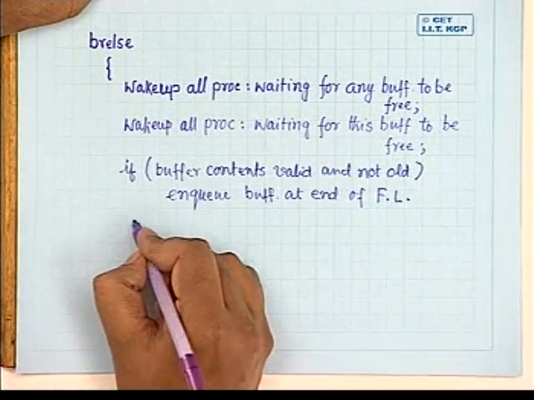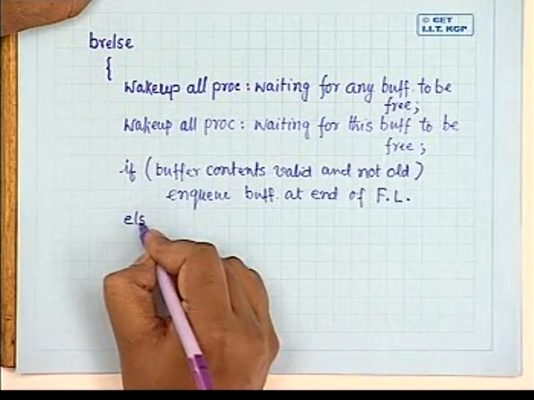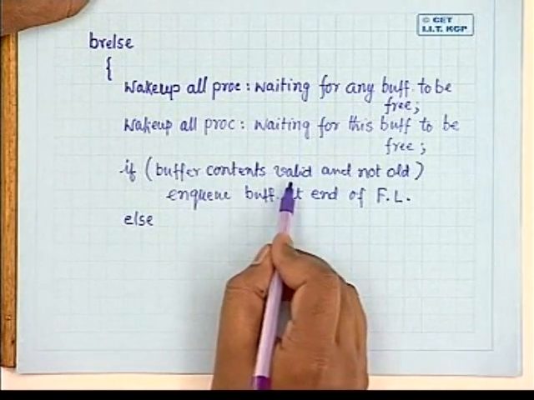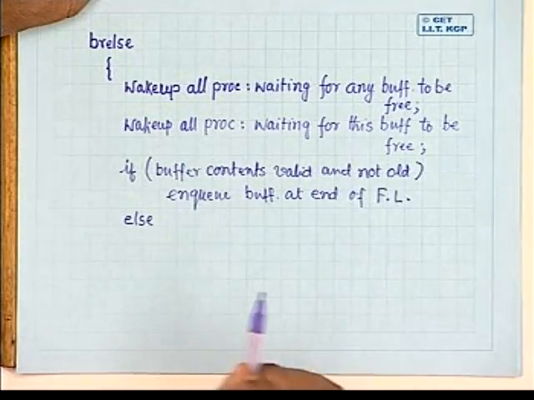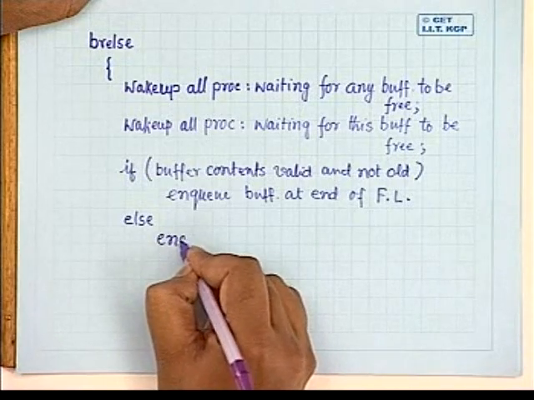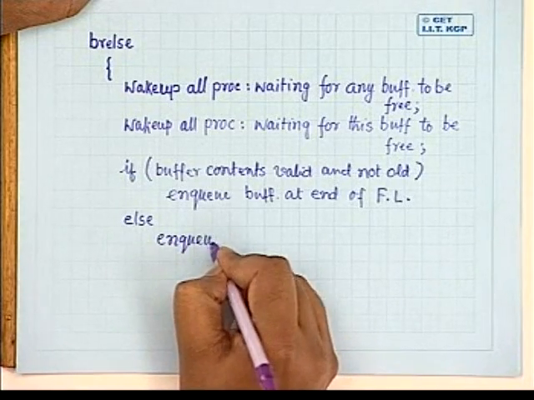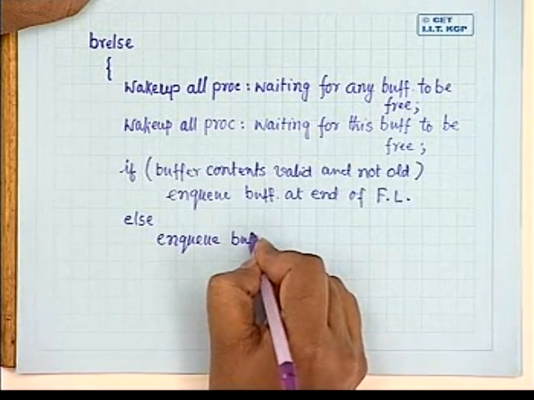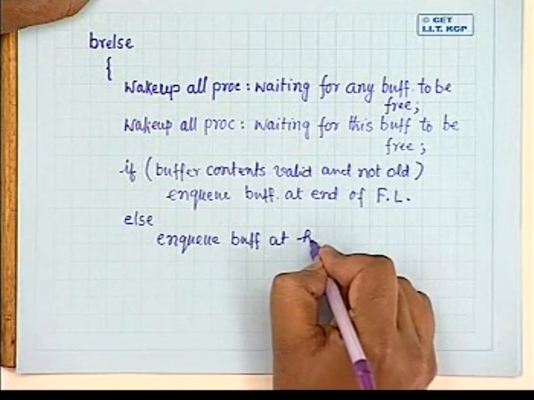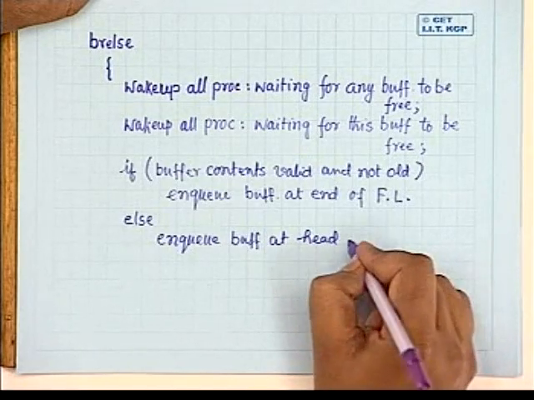Else, that means the buffer content is not valid or the data contained in the buffer is old. In that case, we have to enqueue the buffer at the head, or beginning, of the free list.